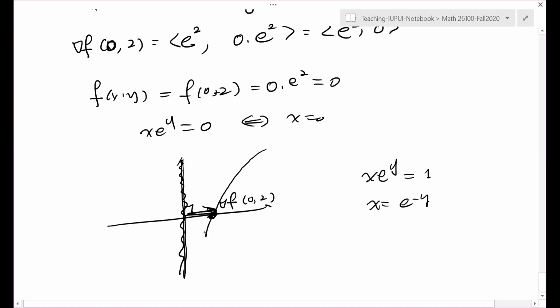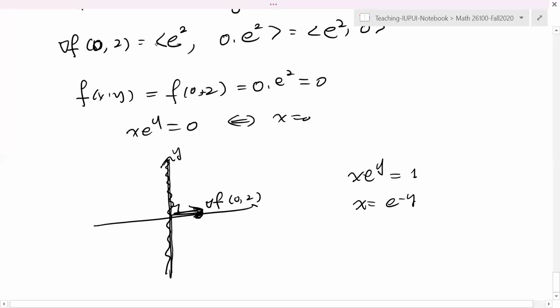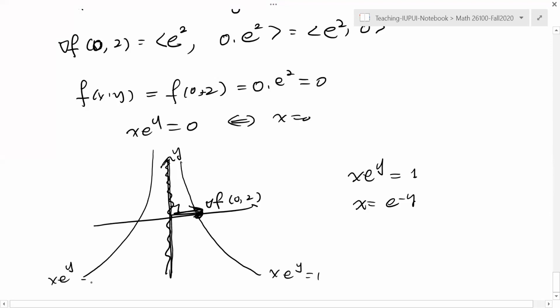When it's negative, x e to the y equals negative 1, and the curve goes like that.